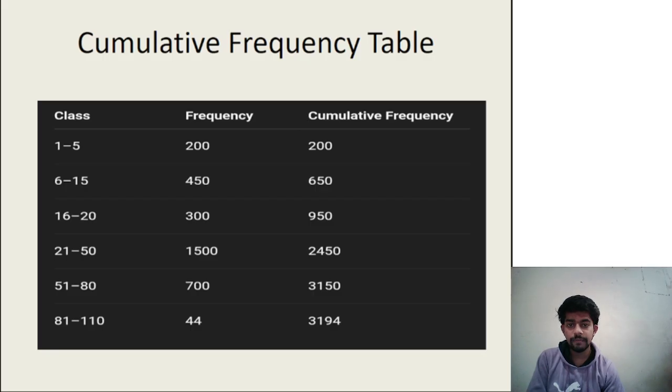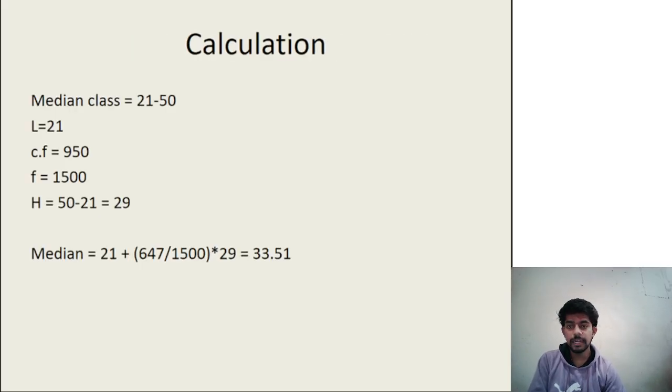So the cumulative frequency and the frequency of class 21-50 is our median class, where the lower class is 21, cumulative frequency is 950, frequency is 1500, and h, which is width, is 29. Let's put the values in the formula and calculate the median. The median is therefore 33.51, which you can calculate through the formula.